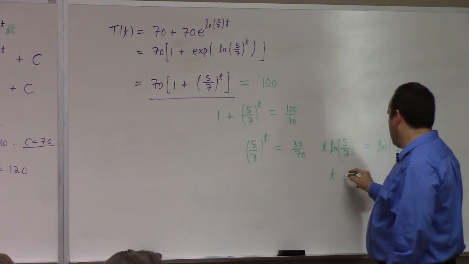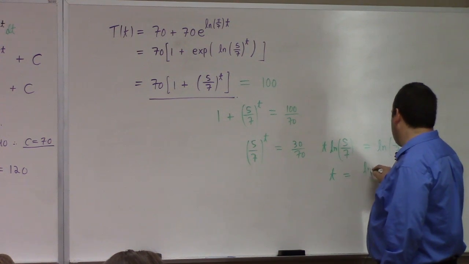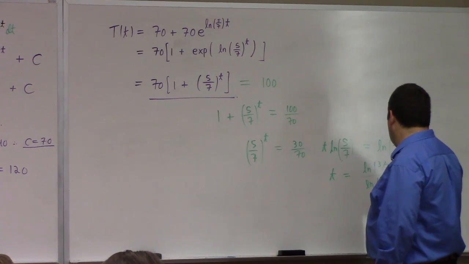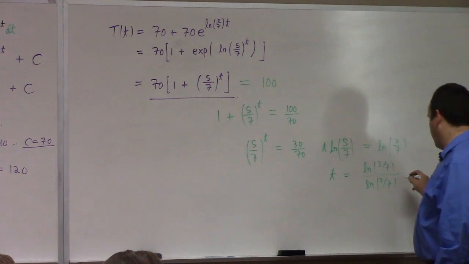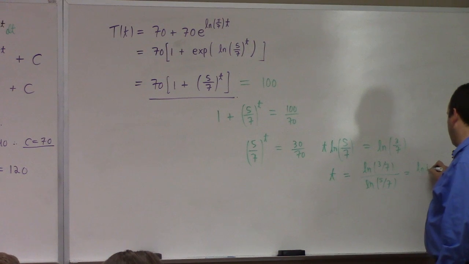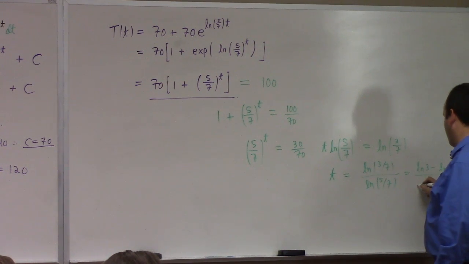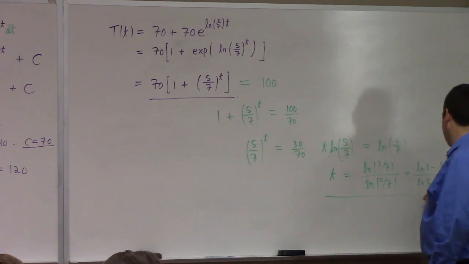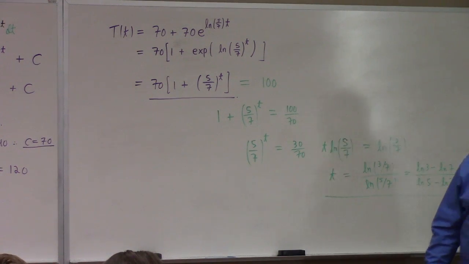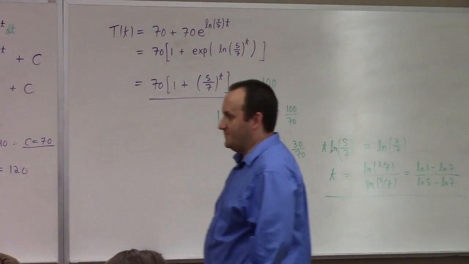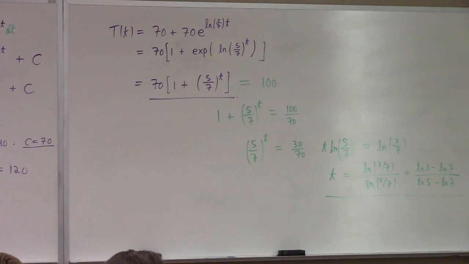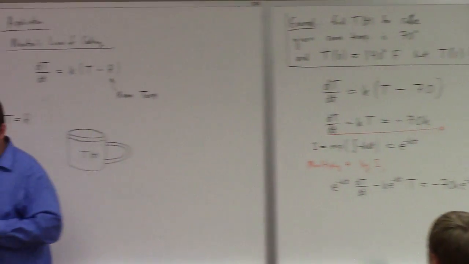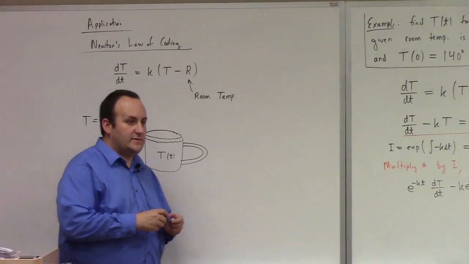So you get t is equal to the log of 3/7 divided by the log of 5/7, whenever that is. Or if it makes you feel better, log 3 minus log 7 over log 5 minus log 7, although I don't see how this is really that much better. But for the love of properties of log, I'll write that out. Any questions?